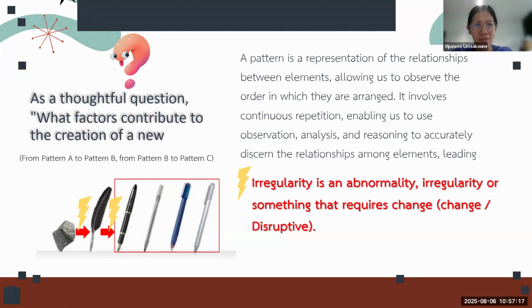Or we write in a cave, right? But if we use feather and ink, then we can write on something else like paper or animal skin in the past. Okay, so this symbol represents the irregularity, something that could be a difficulty that humans have, and then we make a change.